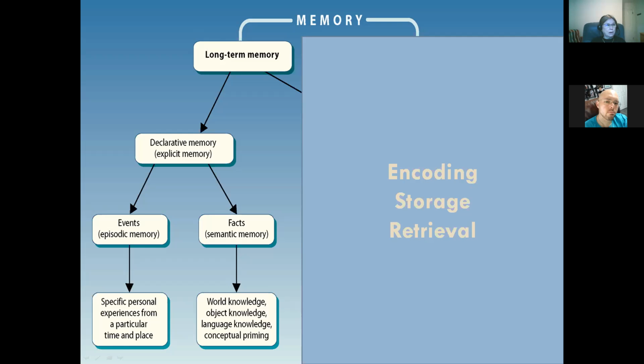Think about episodic memory as autobiographical memory, and that concerns your personal experiences. In addition to the actual events in your life, it also allows you to think about the context, that is, the time and place when the event took place, and you're referencing yourself as the agent or experiencer of that event.